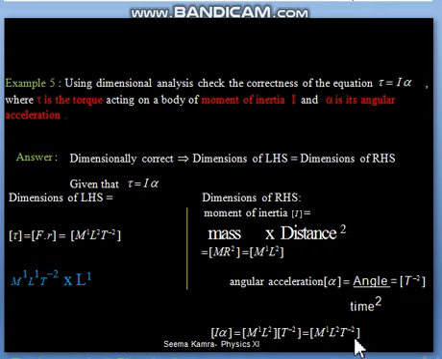So we have solved the powers. Now we have to just check that left side final answer and right side final answer, are they same? So yes, that's why this formula is dimensionally correct. So dimensionally correct means if dimensions of LHS and dimensions of RHS are equal. Okay, let us proceed.